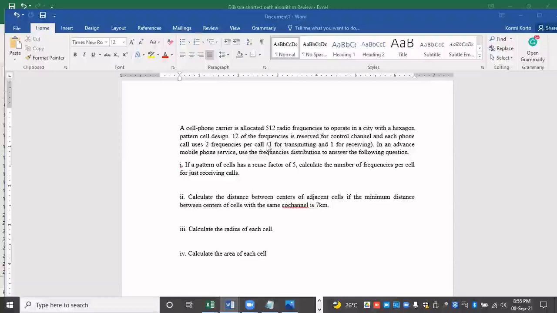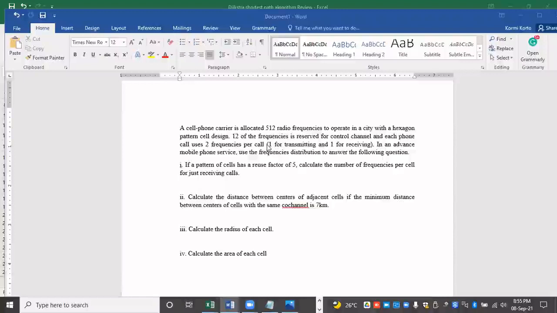That obviously means that you have transmitting and receiving on different channels to facilitate the back and forth transmission. So keep in mind that most cellular networks have 2 frequencies per call, or per established connection.